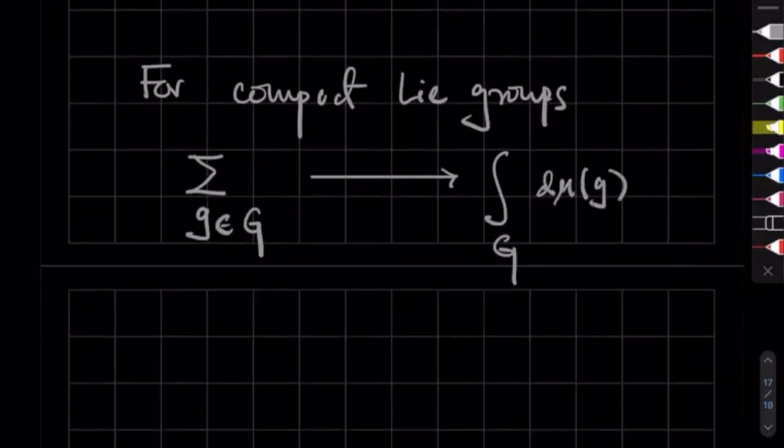So it's an integration measure, and this measure is known as the Haar measure. I don't know if you guys have done any measure theory, but this is something that is covered in measure theory.